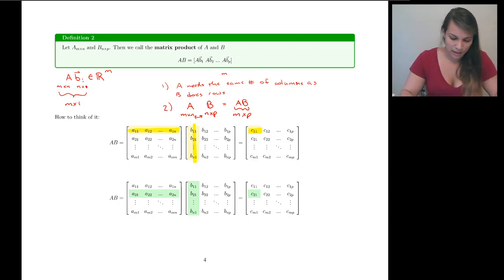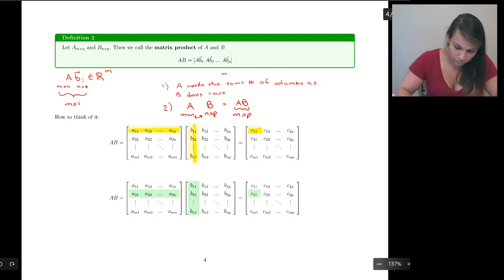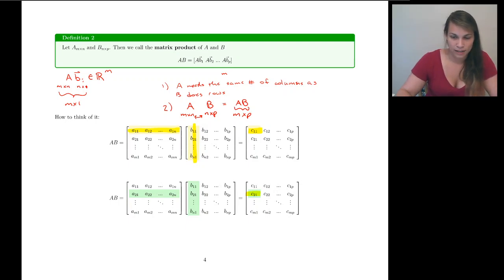And then to get another entry, so let's say we want to get C2,1, so that would be this guy right here. If we want to get him, what we want is second row, first column, because this is in the second row in the first column.